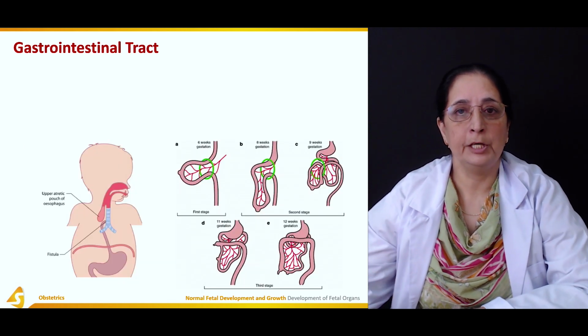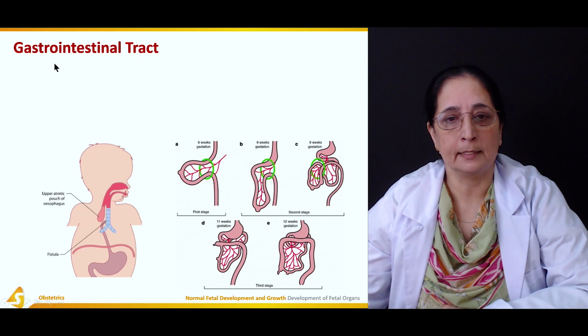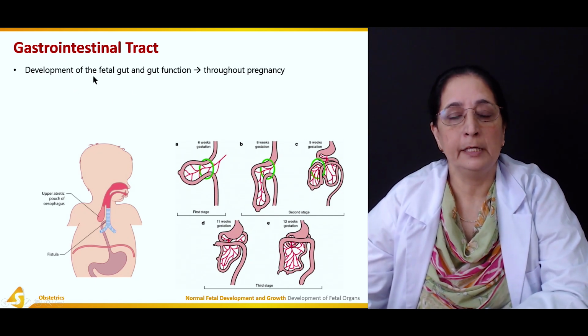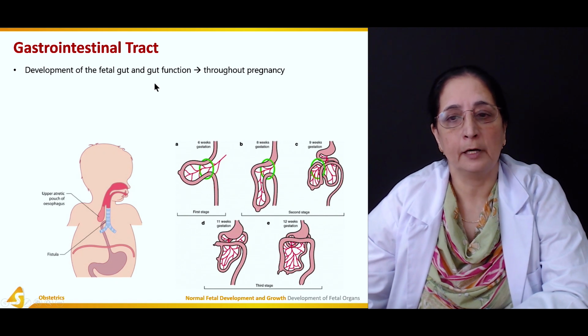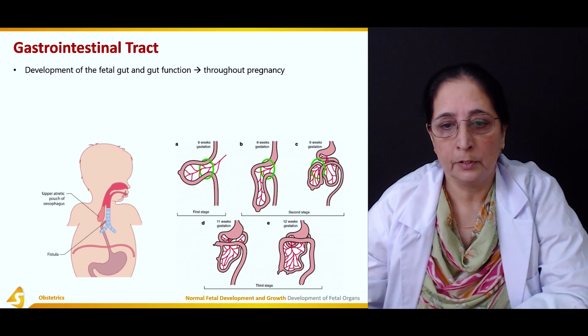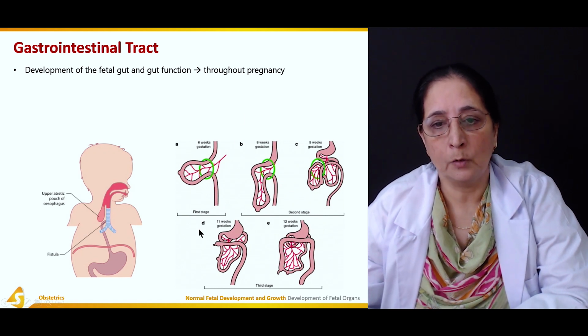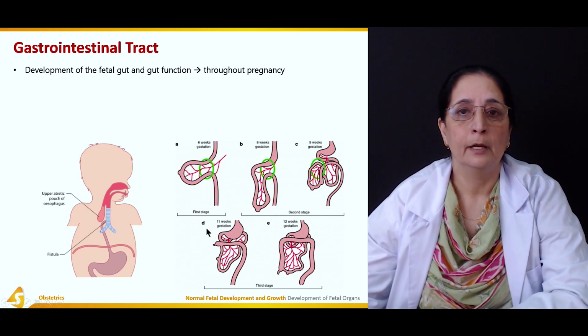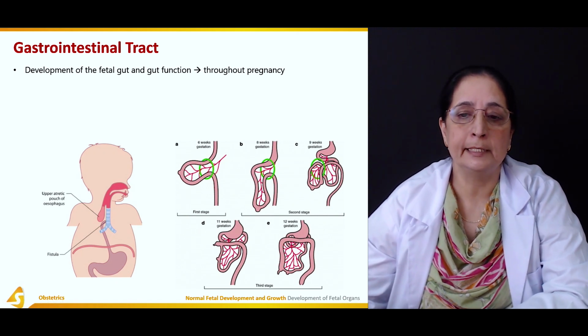Now the formation of gastrointestinal tract. Development of the fetal gut and gut function is present throughout the pregnancy. By about 6 weeks gestation is the first stage of gastrointestinal development.